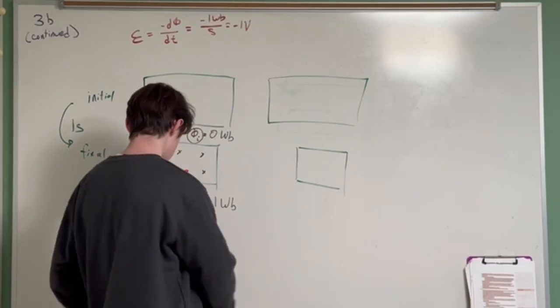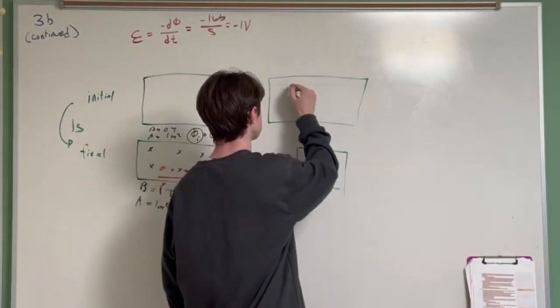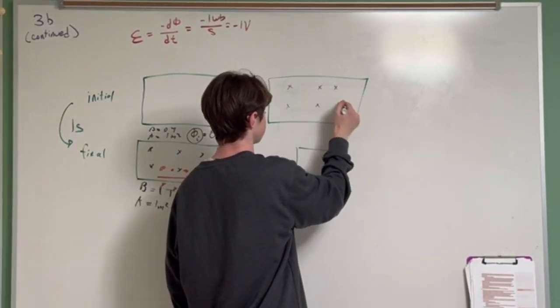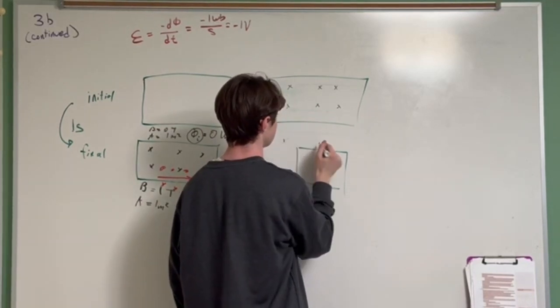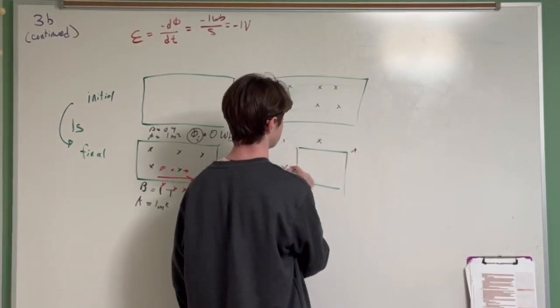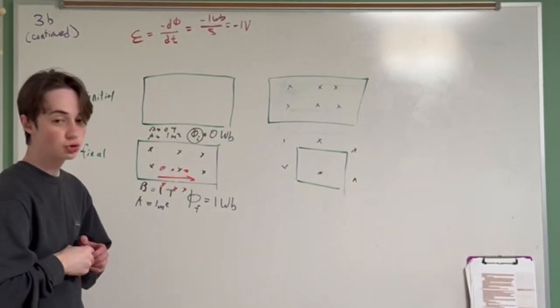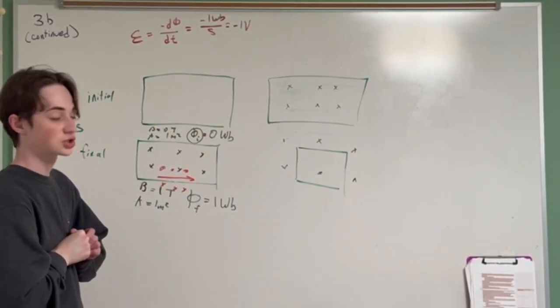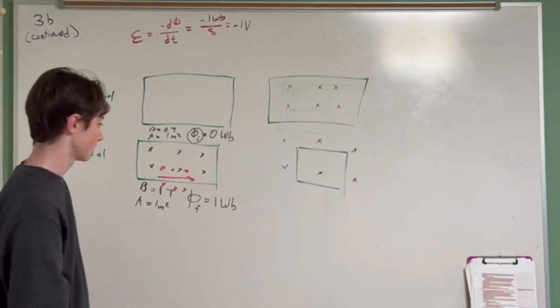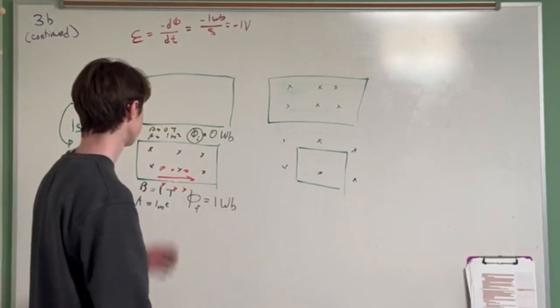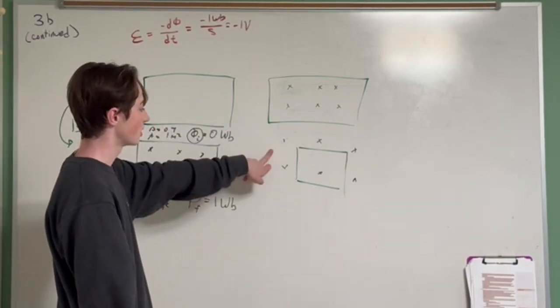The loop changed size, same density. The loop simply shrunk. The actual magnetic field didn't change. Again, this is initial, this is final.